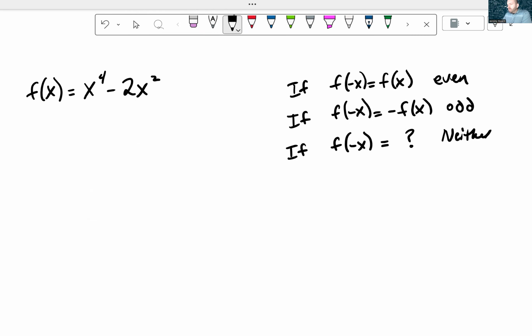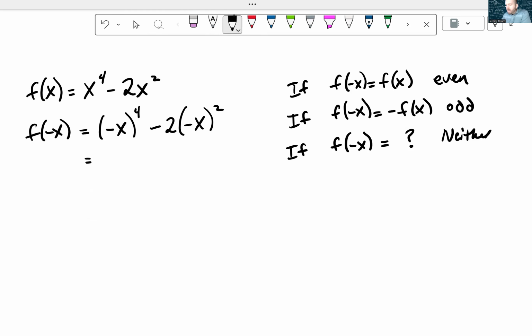We're going to do the same thing we did before. We're going to plug in negative x everywhere we see x to determine what f of negative x is. So this is negative x to the fourth minus 2 times negative x squared.